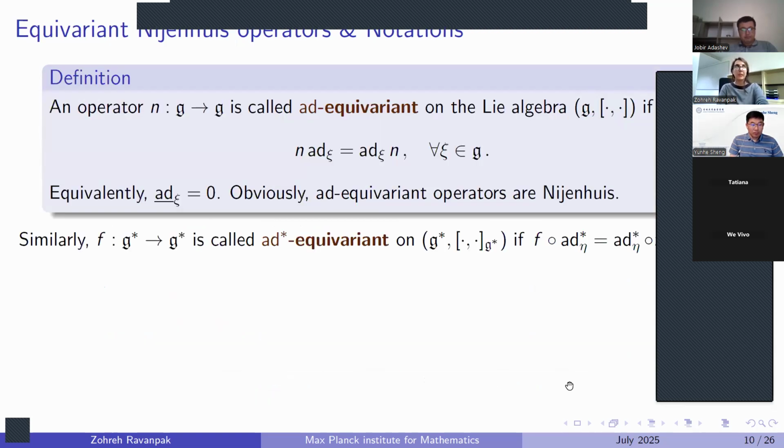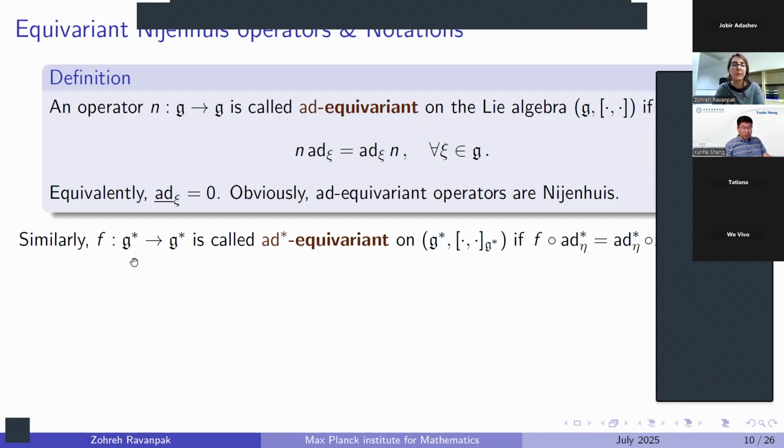A stricter condition on a linear operator on G is that this commutator is zero. If that commutator is zero for an operator N, we call it ad equivariance, or simply equivariance. So it's obvious that ad equivariant operators are Nijenhuis operators. These are stronger than Nijenhuis operators.